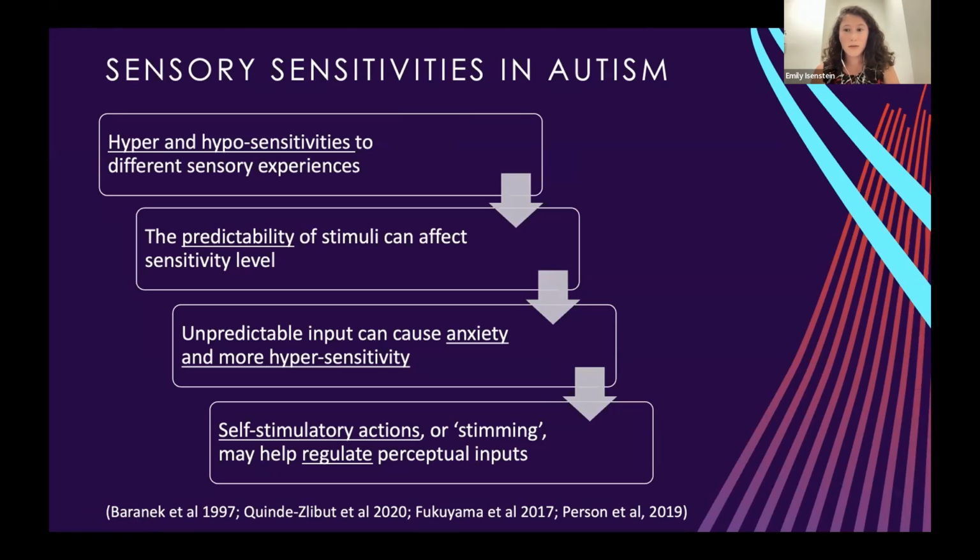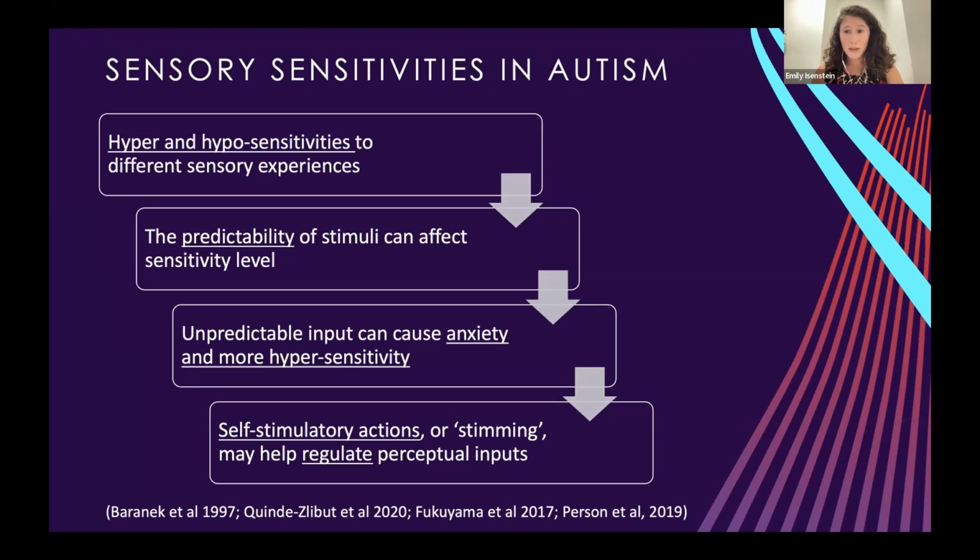If something is very predictable, then you're less likely to be very sensitive to it because you can expect it, you know when it's going to happen. You can predict things about the intensity. But things that are unpredictable, when you can't know exactly when it's going to happen or how it's going to feel, can cause anxiety, which can in turn cause additional hypersensitivity.